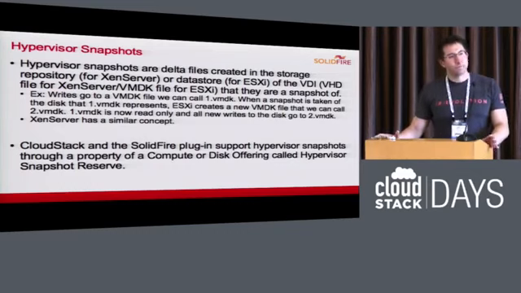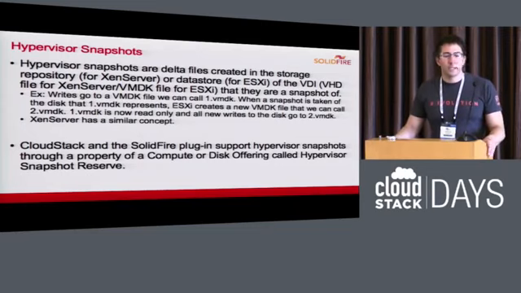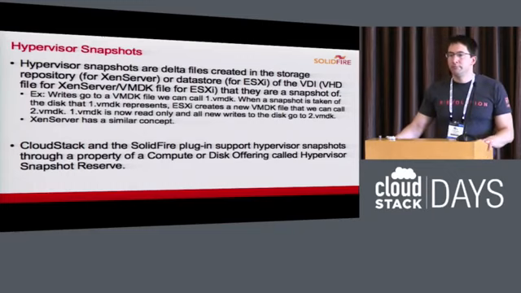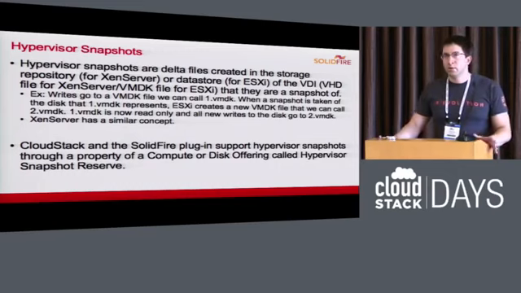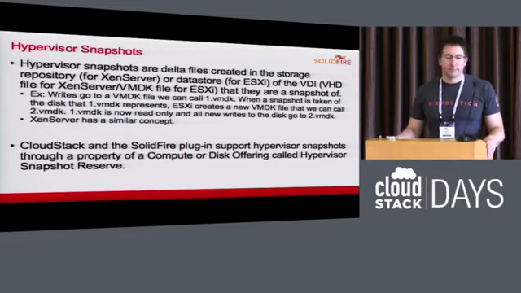I described most of the relevant portions of what that field does. The takeaway there is that it allows you to configure how large you want the backend volume to be to account for potential hypervisor snapshots. So you have that flexibility.